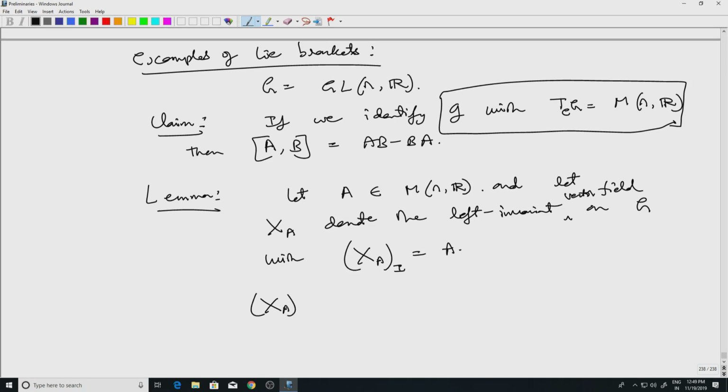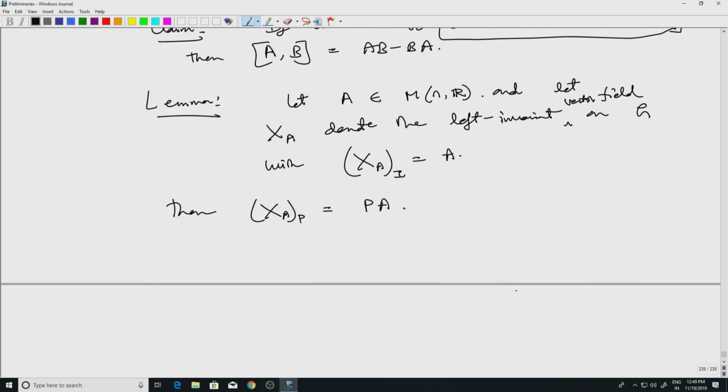At identity, it's A. So I claim that X_A at any point P is nothing but PA. This gives a very explicit description of any left invariant vector field. The proof is quite simple.